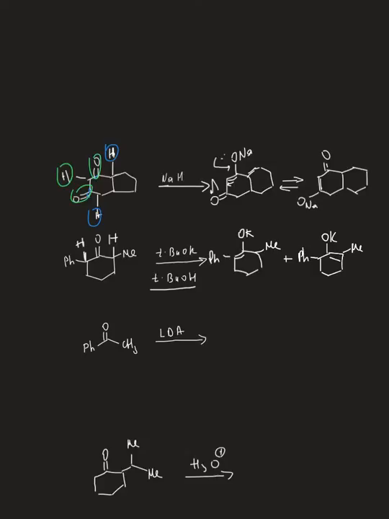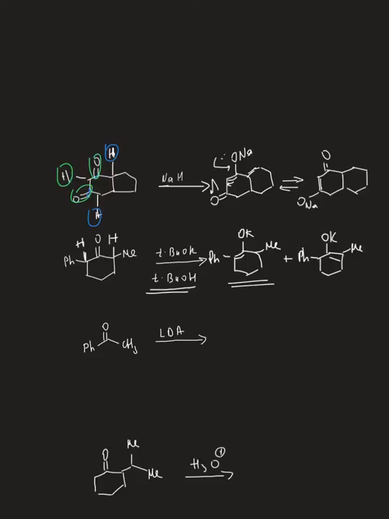If you compare these two enolates, you can see that over here, this double bond will be conjugated to the phenyl ring. That means thermodynamically this will be a more stable olefin because it is a conjugated olefin. So for that reason, this particular enolate will be the preferred enolate under these thermodynamic enolization conditions.